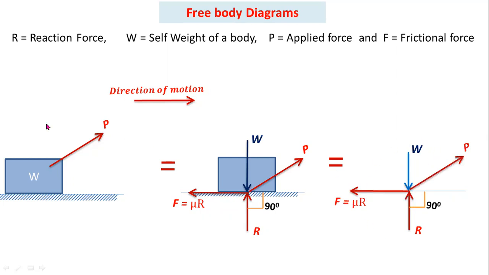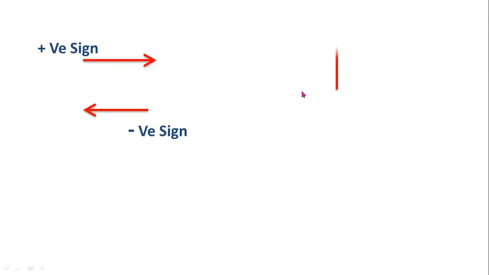So this is the free body diagram for this problem. In a similar way, for resolving the forces, you have to consider signs. For right side direction, consider positive sign. For left side direction, negative sign. For upward direction, positive sign. For downward direction, minus sign.